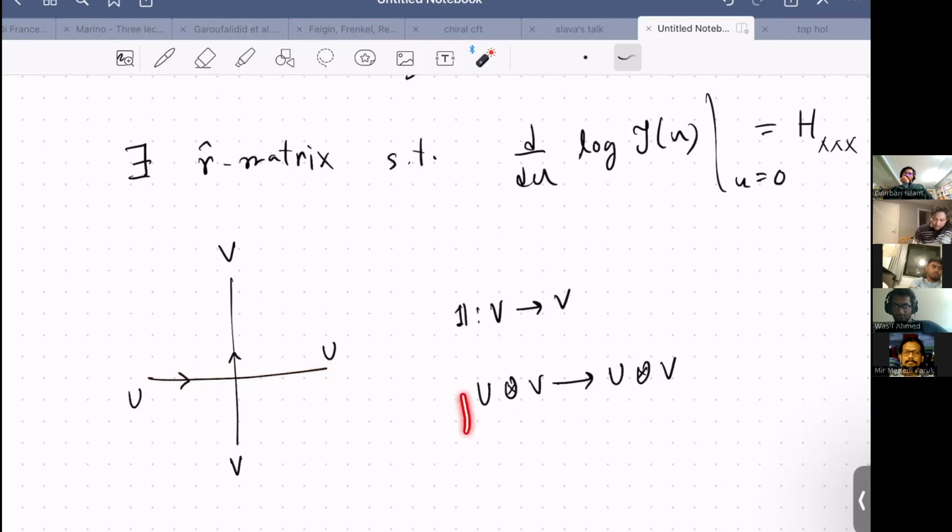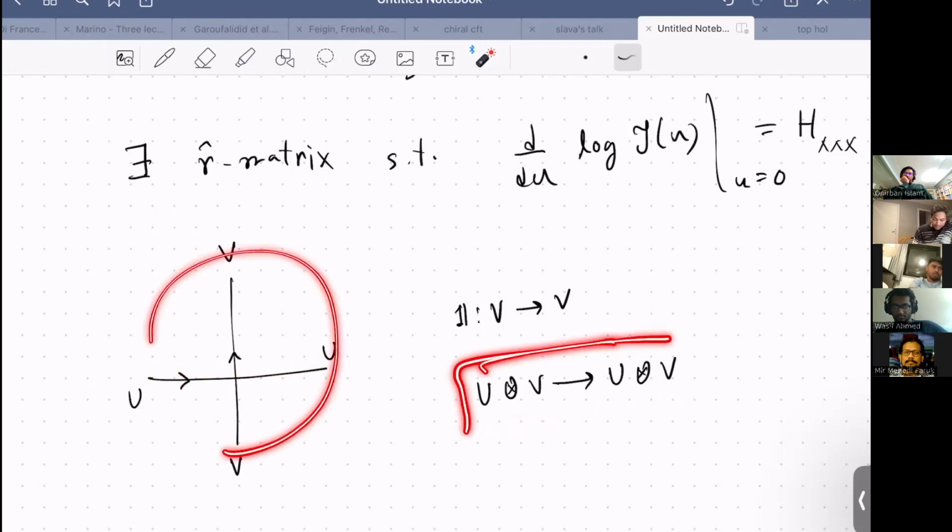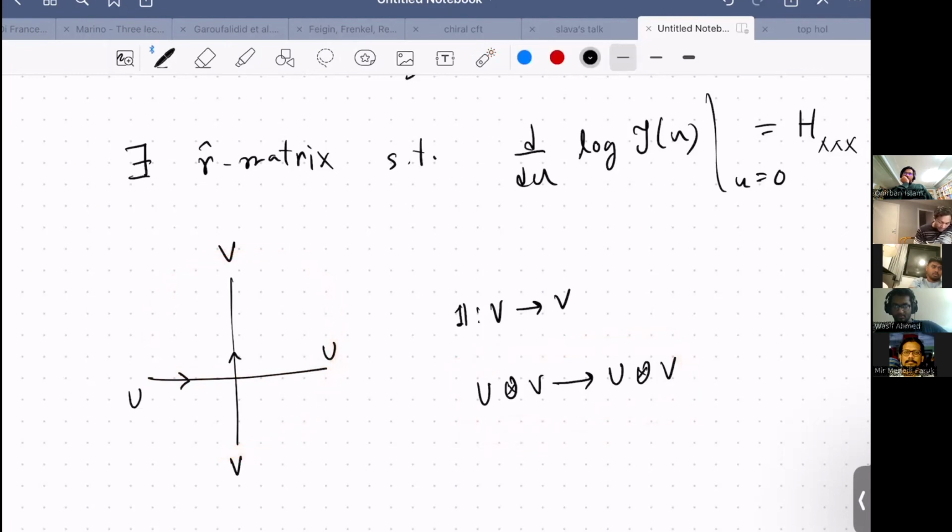Now, is it clear that this diagram can represent an operator like this? You put some vector here, let's say alpha and psi, and you end up with something here, psi prime, alpha prime, or some linear combination of such things. This is the operator that I'm writing as R hat.